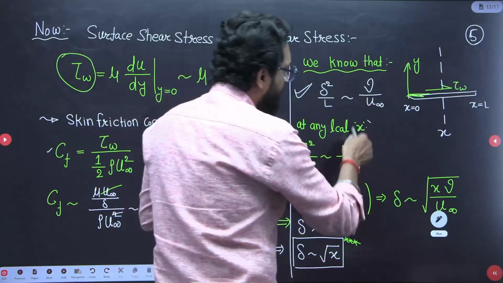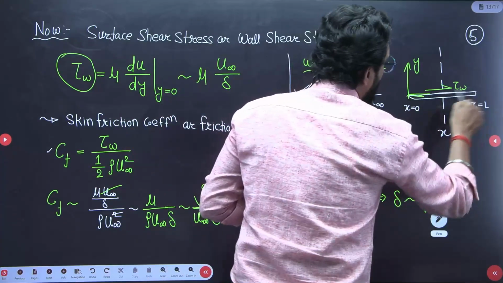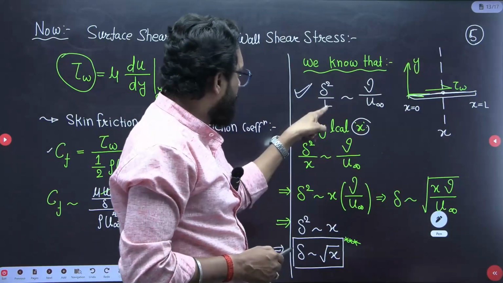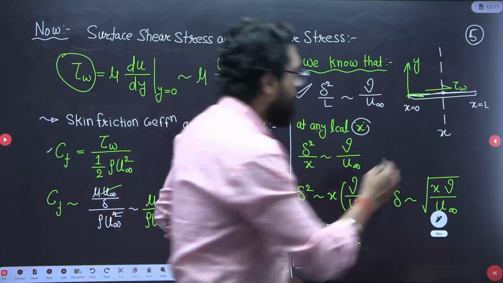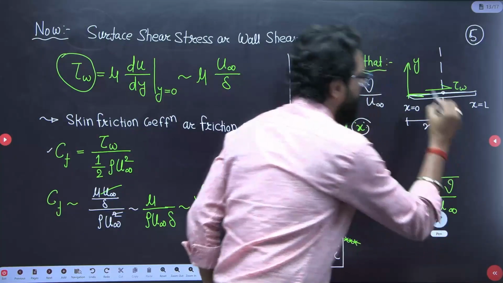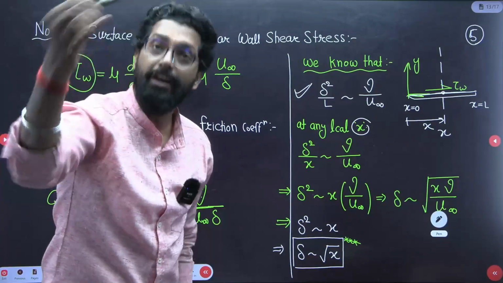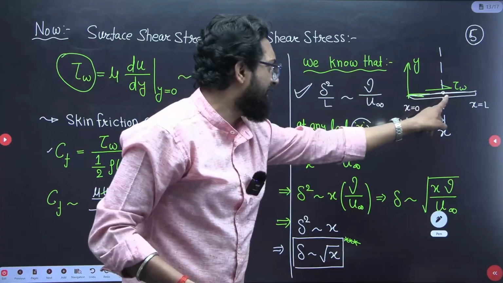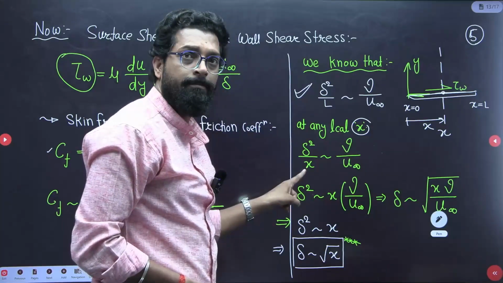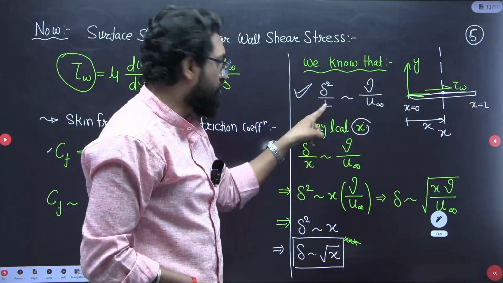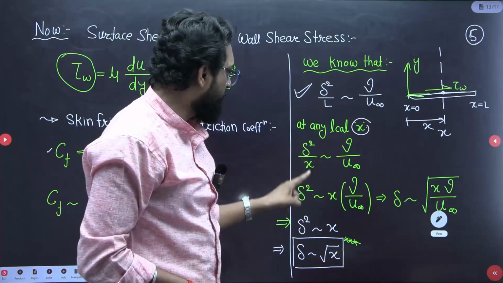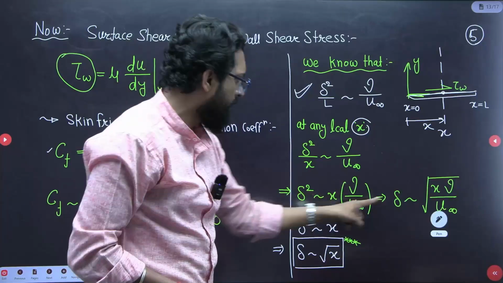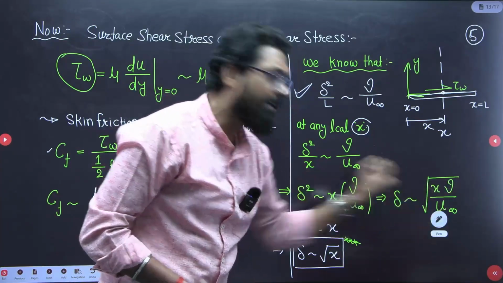At any local x, there is a plate and we have to find at any location, so put x instead of L, because we have to find at the x value, locally. So delta square over x is the order of nu over u infinity. What is the delta square? X nu by u infinity. So what is the delta order? Root of x nu by u infinity.